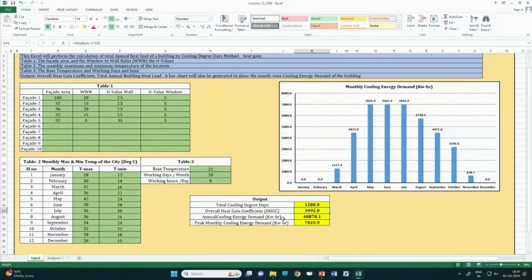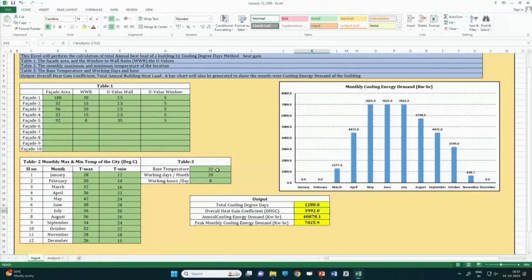Annual cooling energy demand is 40,878 kilowatt hour, and peak monthly demand is 7,025 kilowatt hour. That is for these 3 months, because in these 3 months the T max and T mean are such that your average temperatures are the same.